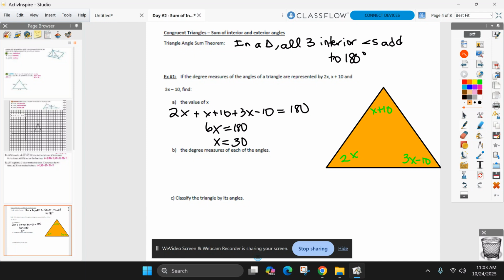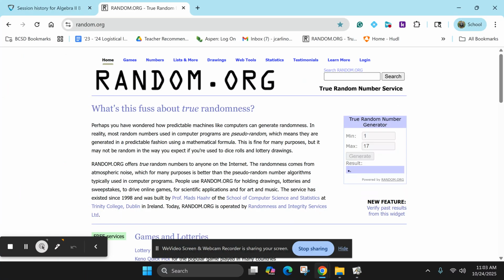And make sure before I call on you, you're confident because all three angles you list should add up to 180, right? Those three angles should add up to 180. Nothing less, nothing more. And when you're ready with those three angles, enlighten us, please.